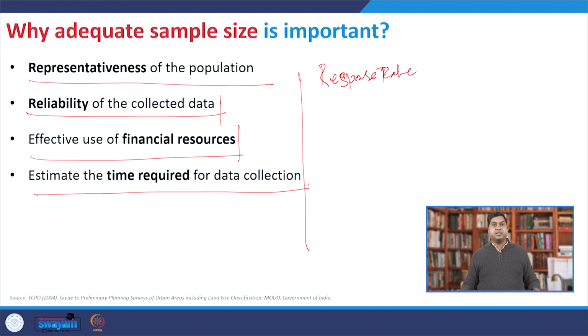In many cases you will find that people are not interested. If you approach 5 people and only get one response, and in the next case you approach 10 people and get one response, your response rate will be less. If it is 100%, the time requirement will definitely be less.